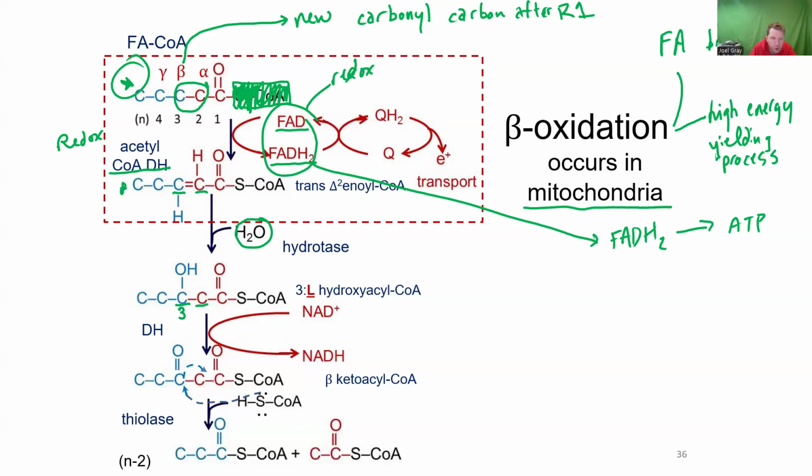So if you think about H2O as being H and OH, well, the OH goes onto carbon number 3, which is our beta carbon. And the H is going to go onto carbon number 2, which is our alpha carbon. Okay, so hydratase is going to be the second enzyme in the rounds of beta oxidation that's doing this.